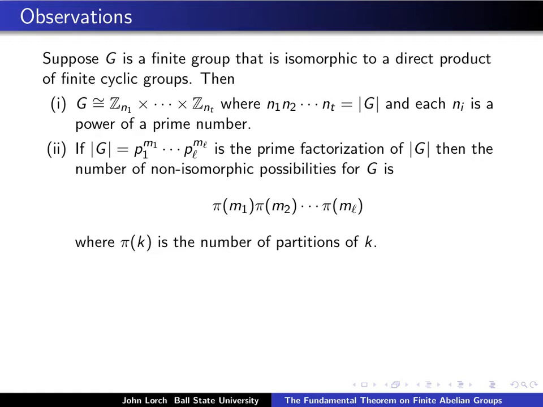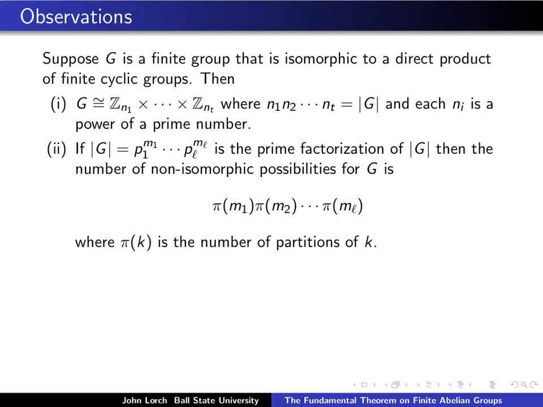Okay, if we were to do several more examples like we did on the previous slide, we'd begin to make some observations about those examples. So if G is a finite group that happens to be isomorphic to a direct product of finite cyclic groups, then we know, as we pointed out on the previous slide, that that group would have to be isomorphic to some direct product of Zn's, because the Zn's are the only finite cyclic groups.